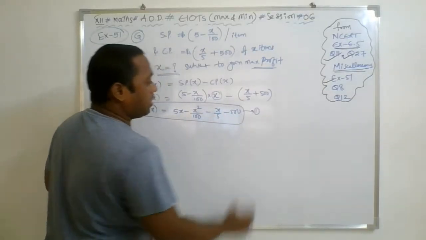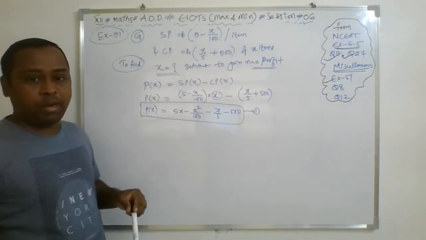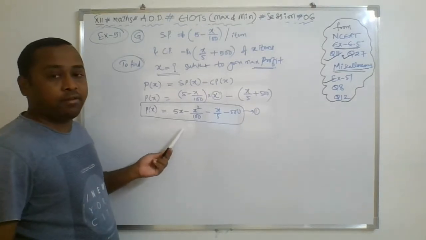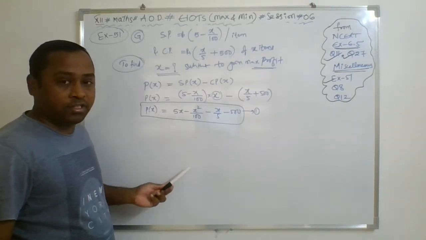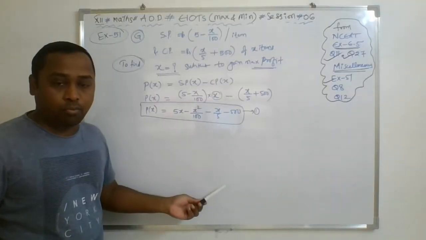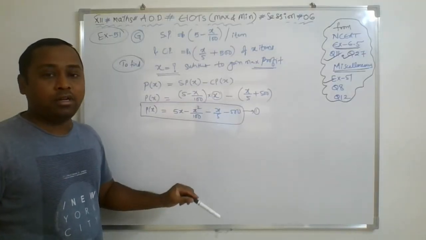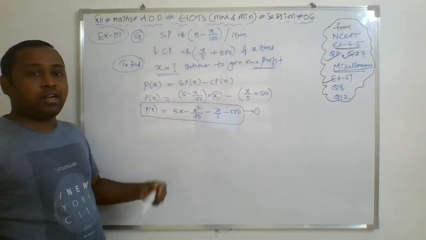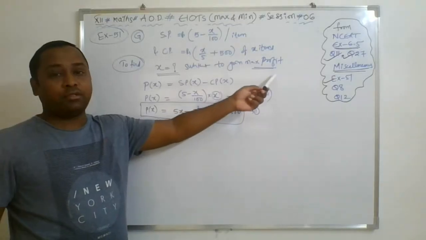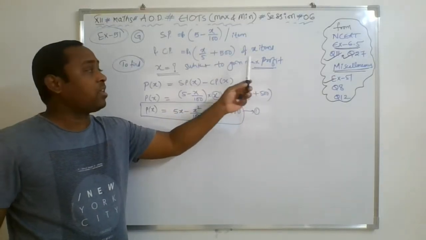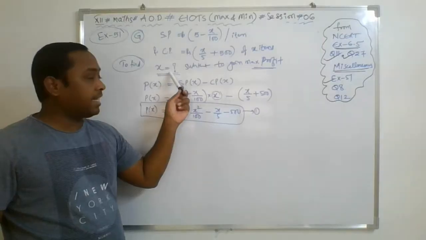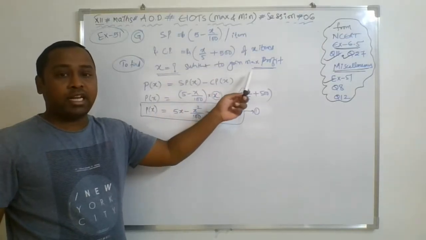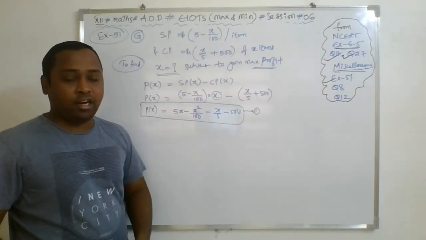Now I don't think there is a glitch remaining in the question. You can go with the first derivative, second derivative, set the first derivative to 0, get the critical point, and then go for the double derivative test and find out whether the profit is maximum or minimum. At what point of X the function gains maximum, find it out.